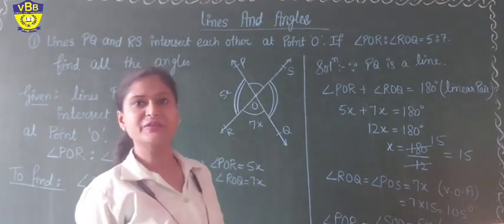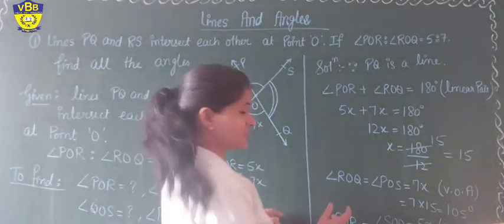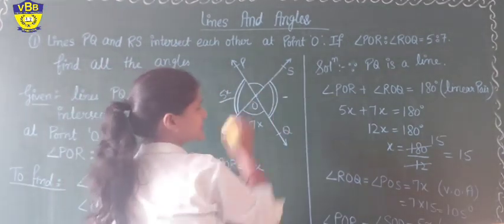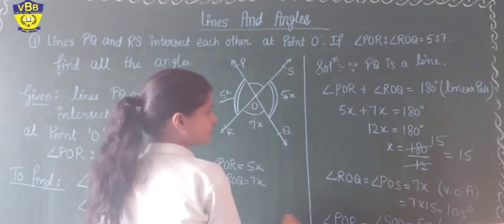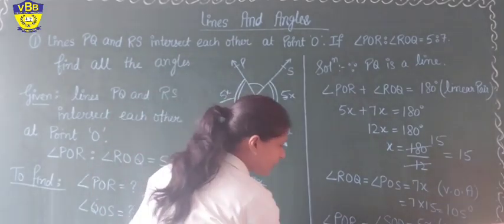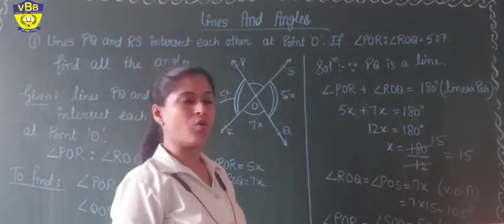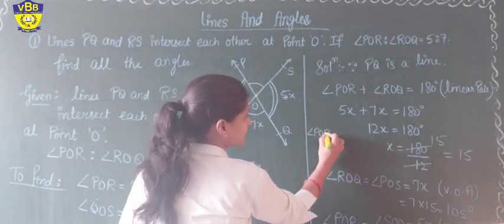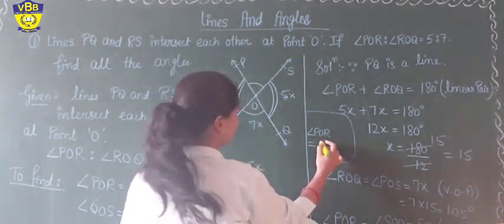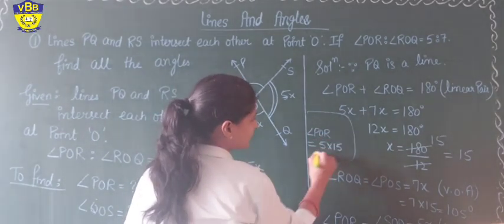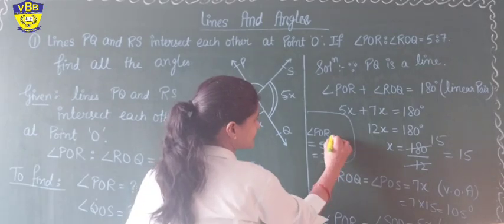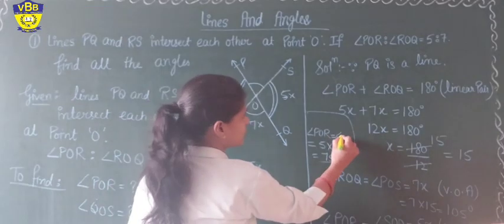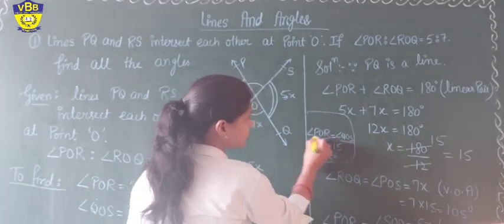In a similar manner, we can find 5x, which is the angle POR. POR is equal to 5 into 15, which is 75 degrees, and this is also equal to angle QOS.